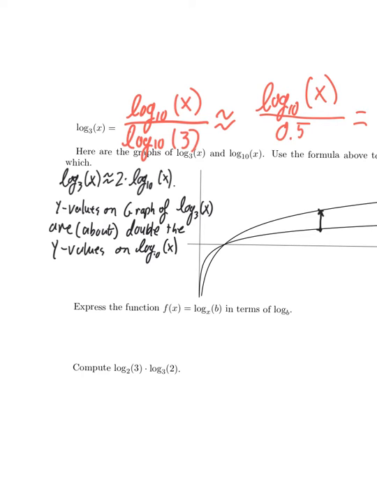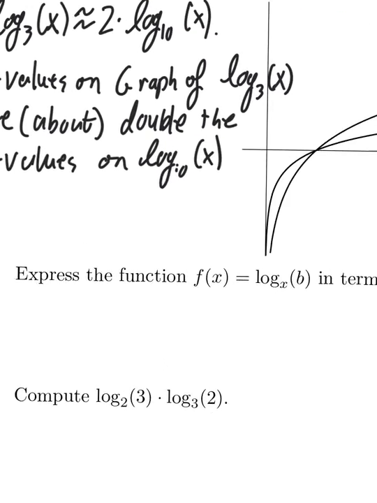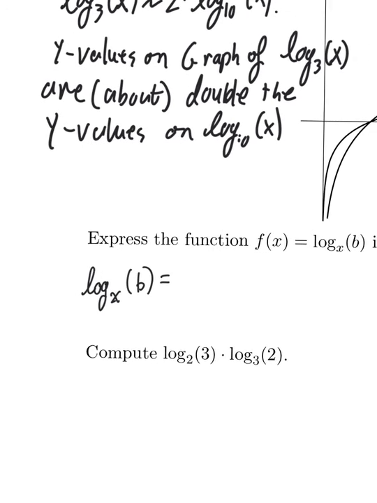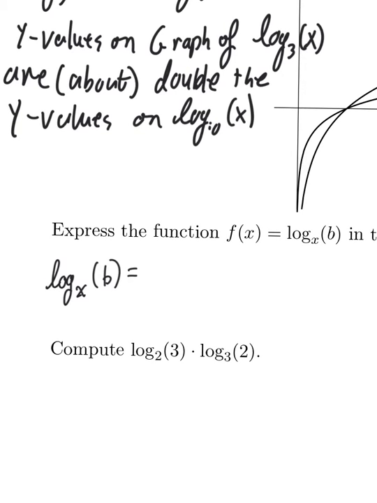So let's take this and use the change of basis formula and see what we get. So let's try to express the log base x of b by using the change of basis formula. So apparently the log base x of b, I'm going to color code a little bit. This will be red, this will be blue.